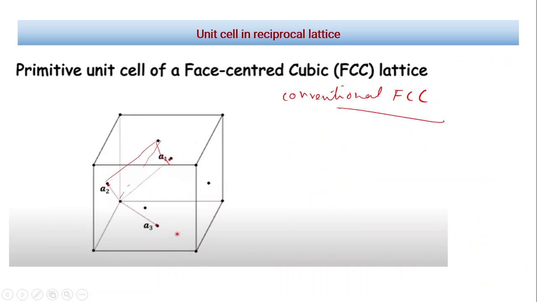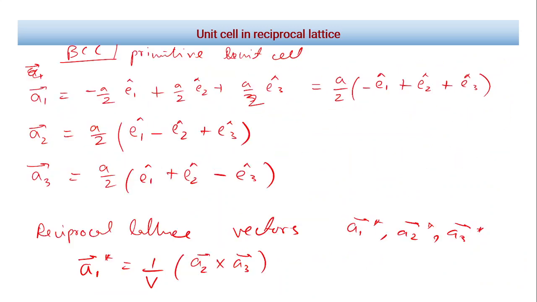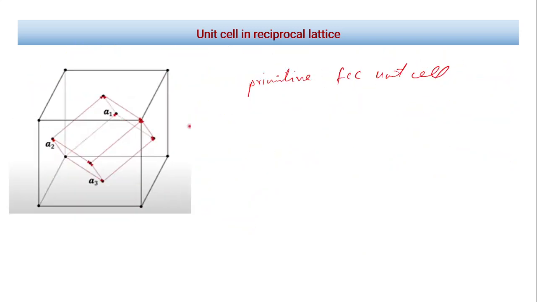Similarly, for FCC, this FCC primitive unit cell, here you will see what will be the magnitude. Again, they all will be the same.